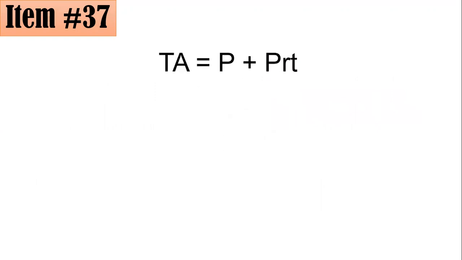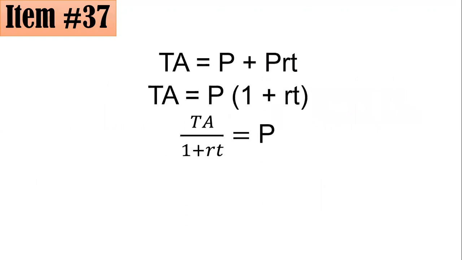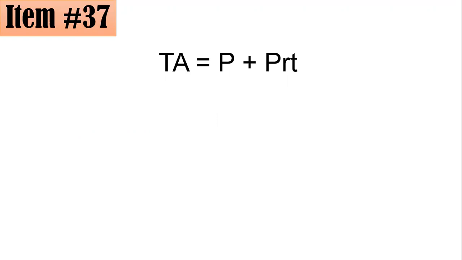I equated it into P multiplied by the quantity 1 plus 0.04 multiplied by 3. So 89,600 is equal to 1.12 P, and 89,600 divided by 1.12 is equal to 80,000. So the answer is letter C.